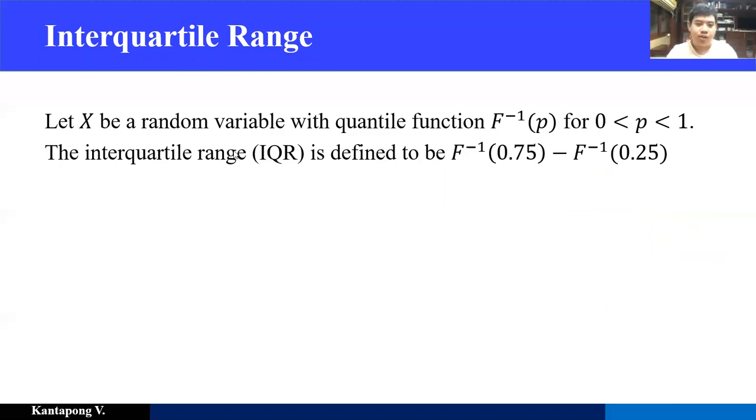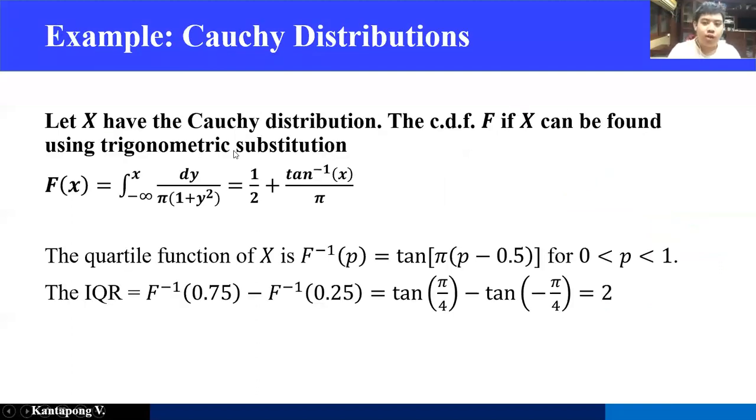And look at this example. In the last class, we have seen that the Cauchy distribution doesn't have the mean, right? So the variance could not be defined. But how can we characterize the spread? We use another definition, the interquartile range. We have to find the big F of x first.